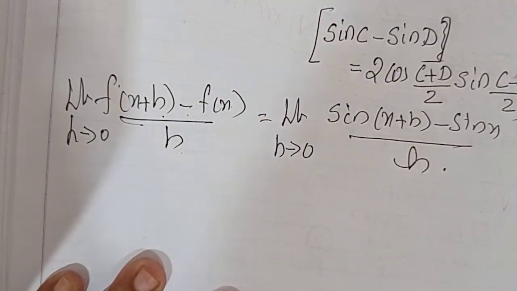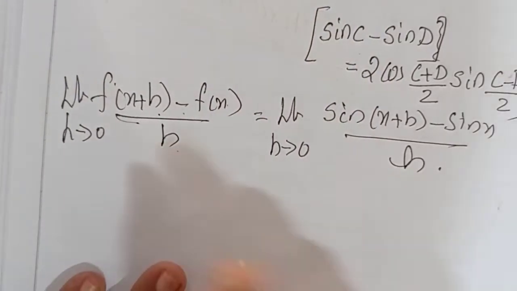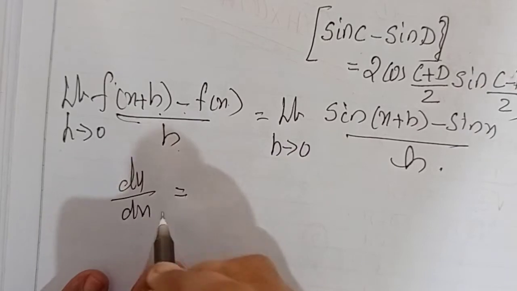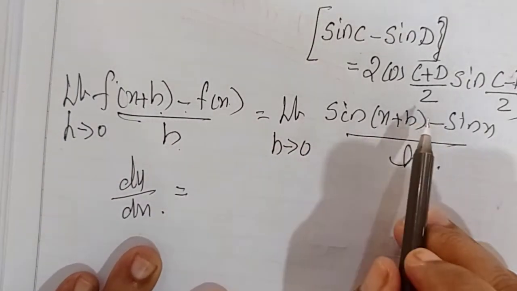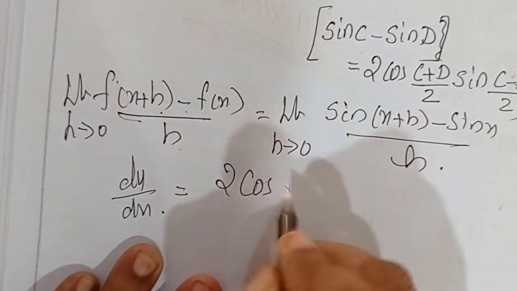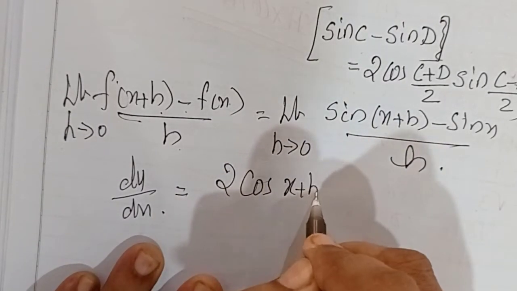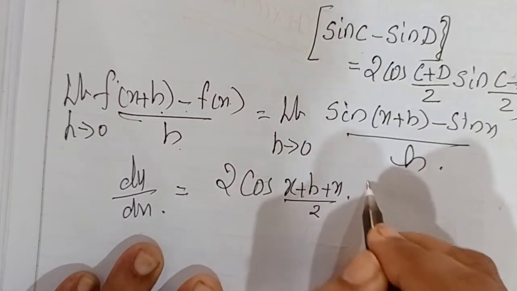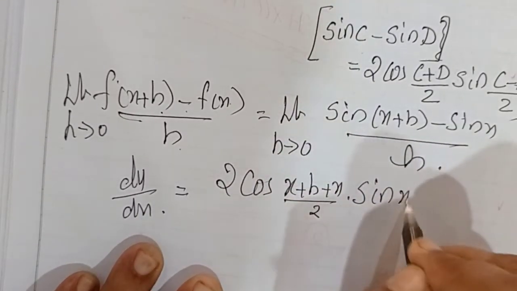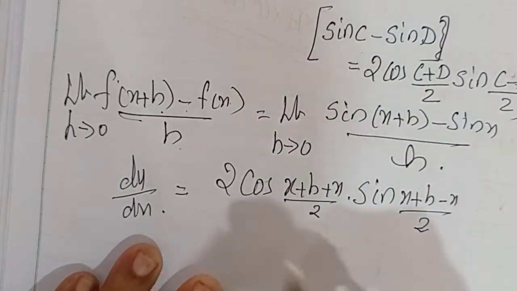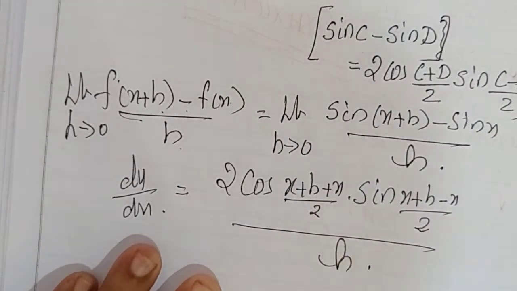Understand? Now when you apply the formula, you can write here dy by dx equal to, what is sin C minus sin D? 2 cos of (x plus h plus x) by 2 into sin of (x plus h minus x) by 2, the whole by h.